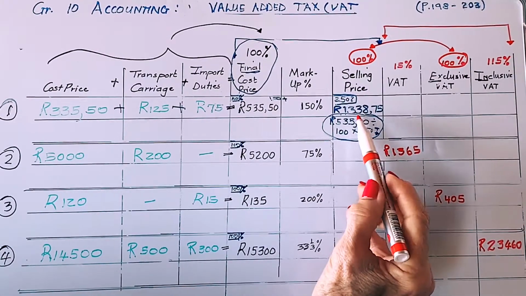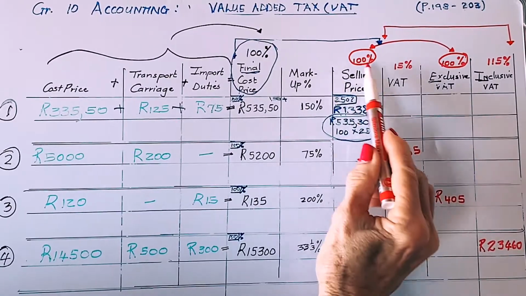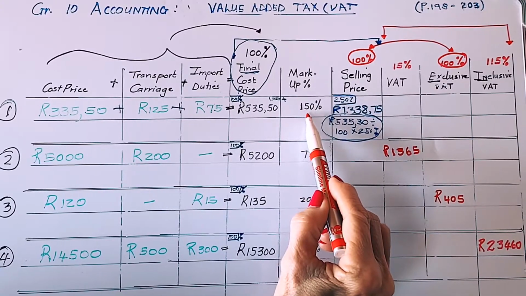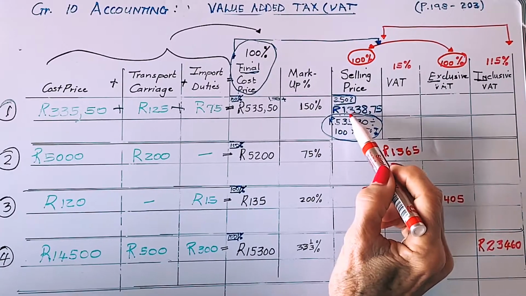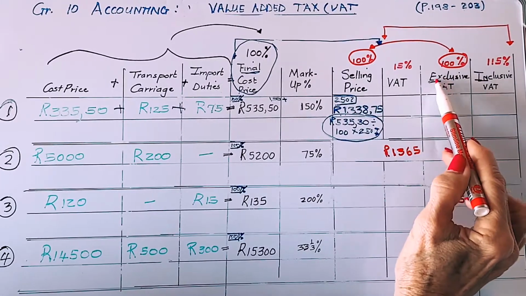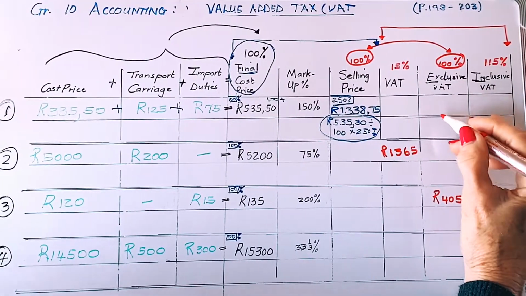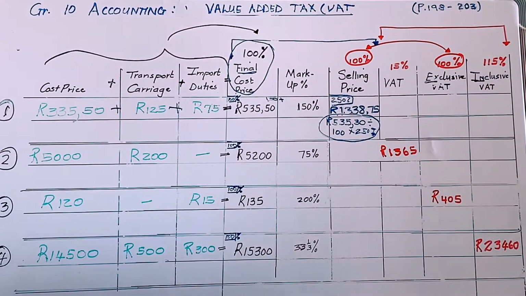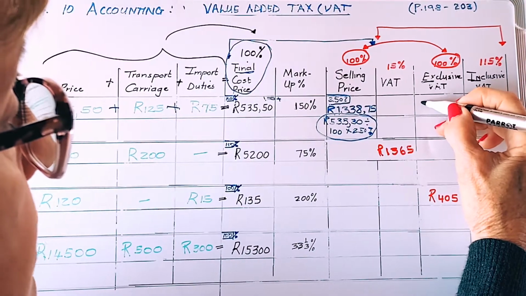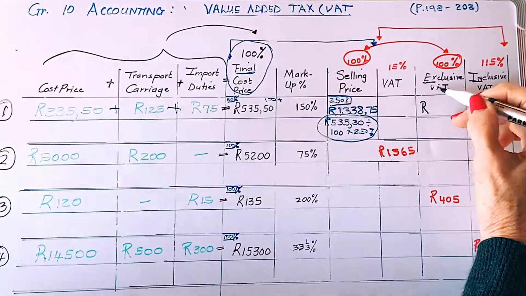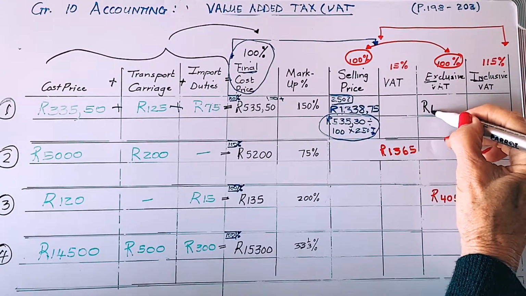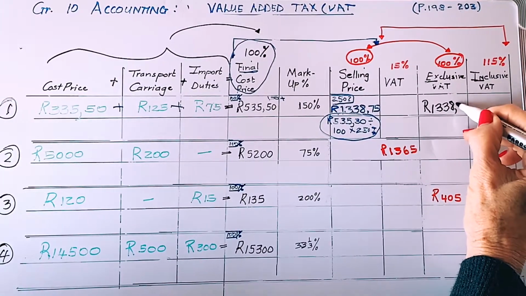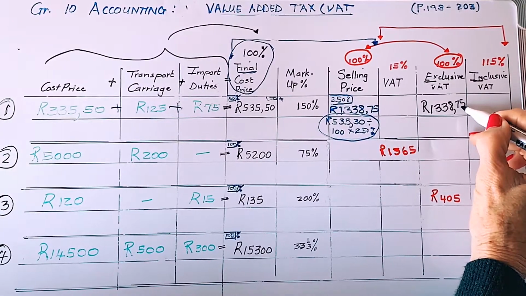Now, what I need you to know is that the selling price of your product after you've added the markup is also called the exclusive VAT amount. So you can write in the exclusive VAT amount immediately if you have the selling price, because it will be exactly the same amount.